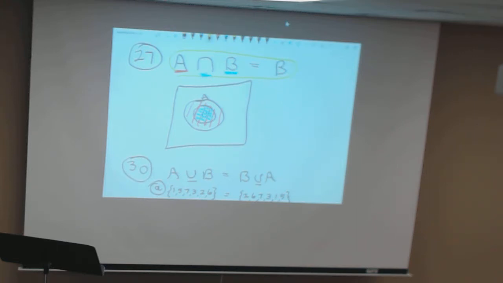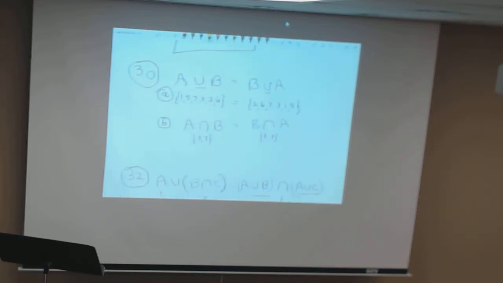If I want the intersection to equal B, then that means B has to be inside of A. You follow the thinking there? Good. Number 30.